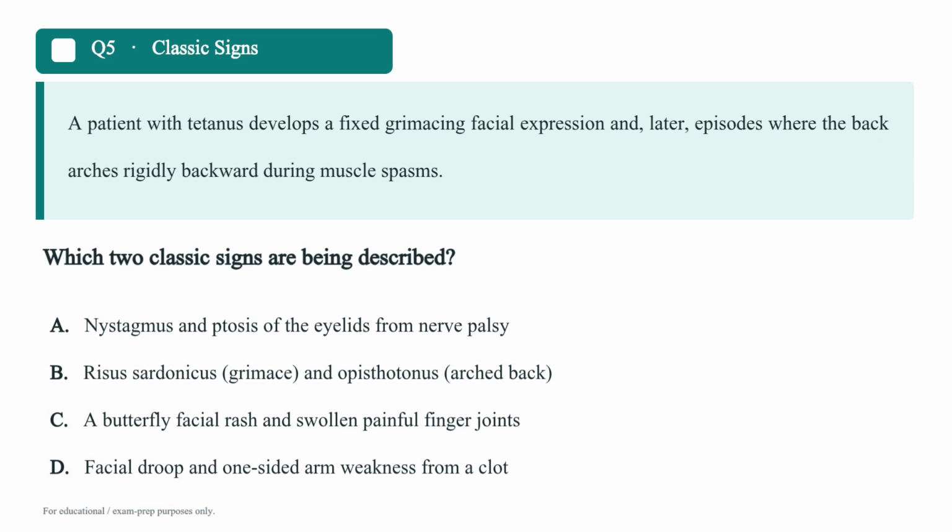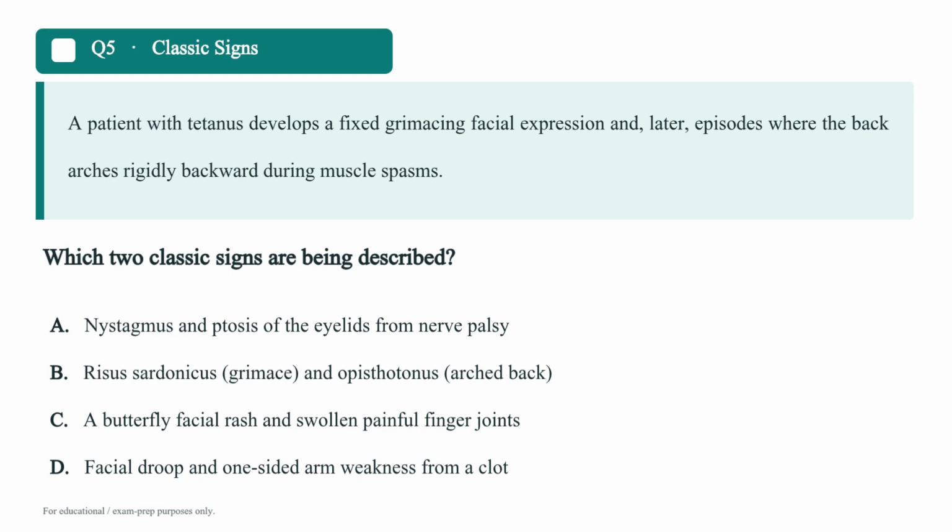Question 5. A patient with tetanus develops a fixed grimacing facial expression and later episodes where the back arches rigidly backward during spasms. Which two classic signs are being described? Option A, nystagmus and ptosis of the eyelids from nerve palsy.